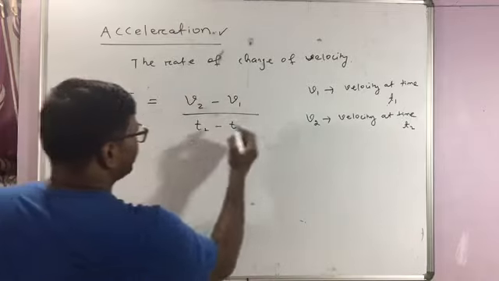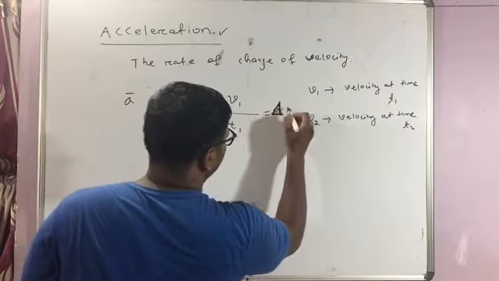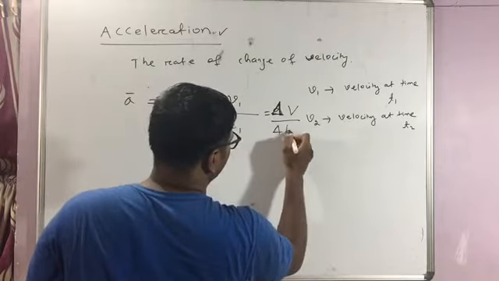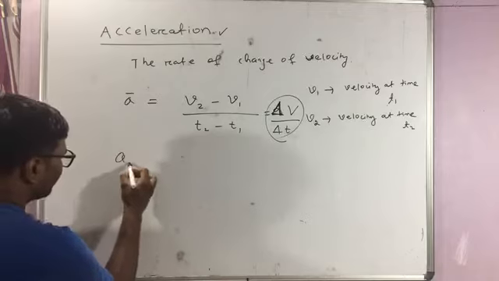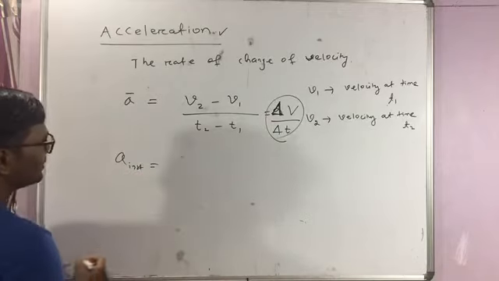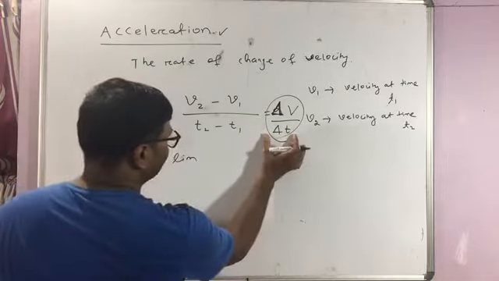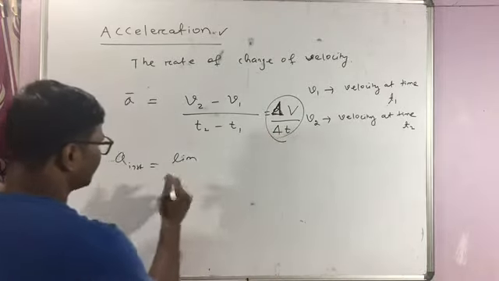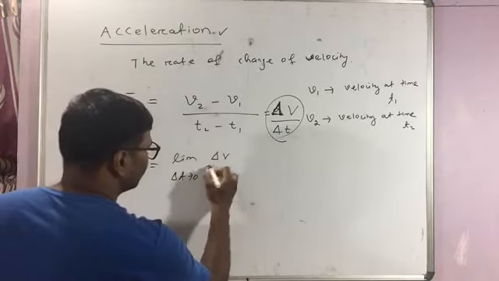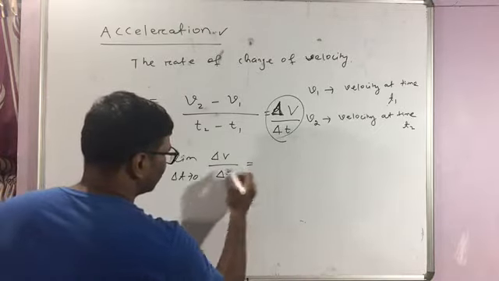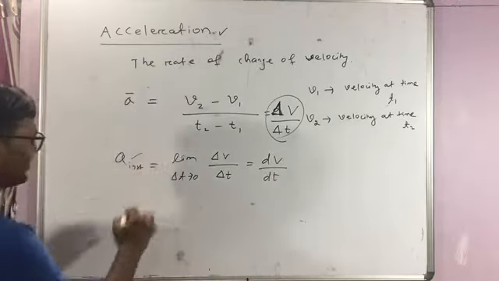Now this quantity can be termed as delta v by delta t. And the instantaneous acceleration is what? It is simply when this time span tends to 0, the limit delta t tends to 0 of delta v by delta t, which is nothing but dv by dt, called the instantaneous acceleration.